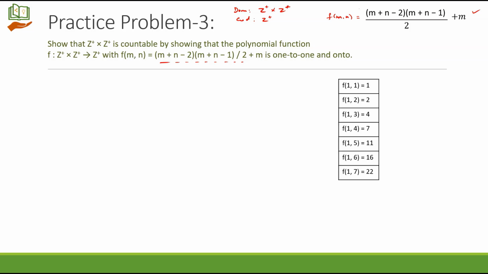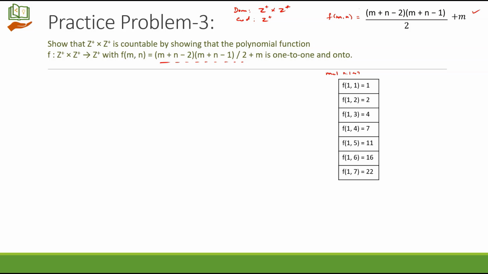Let's start with m is equal to 1 and then we will start with n is equal to 1 to 7. What is f of 1 comma 1? So 1 plus 1 is 2, 2 minus 2 is 0. Here we have 1 plus 1, it is 2, 2 minus 1 is 1. 0 into something will give the complete set to be 0. M is 1. So 0 plus 1 will give you 1 here.